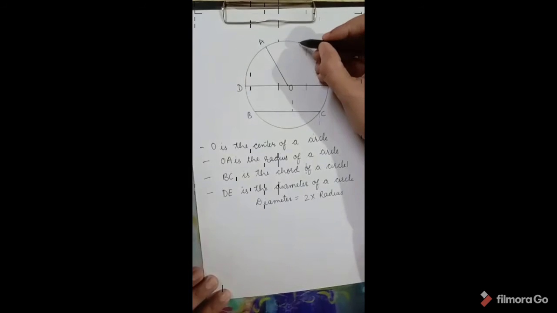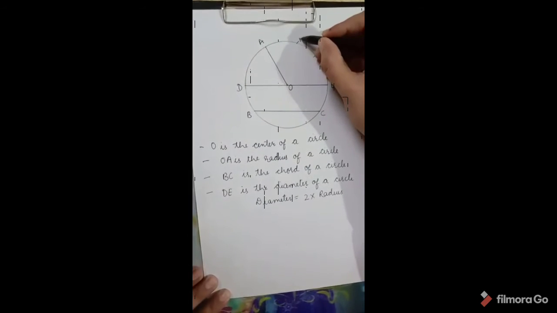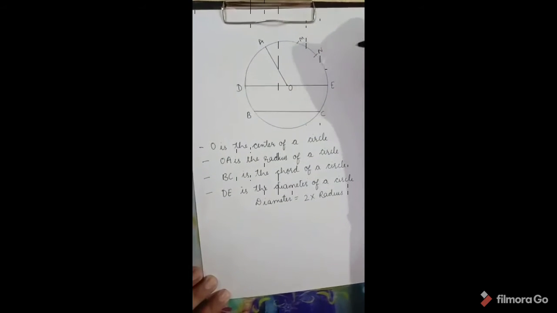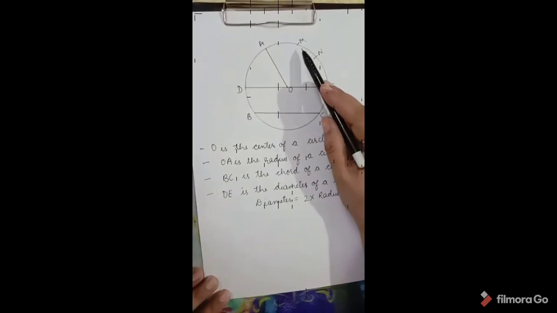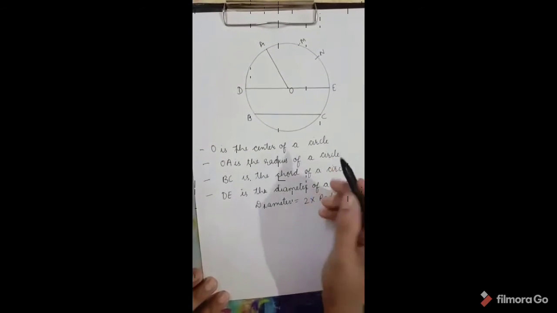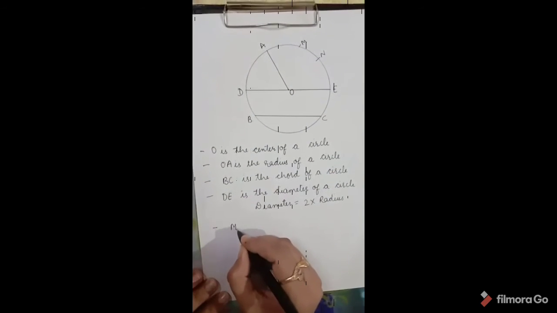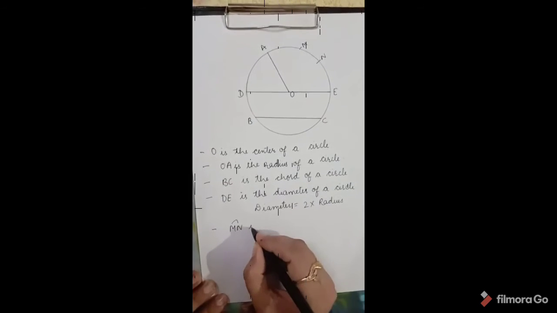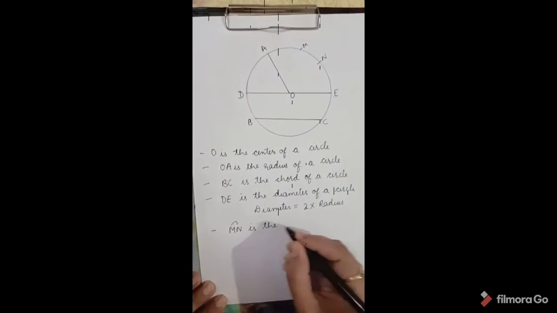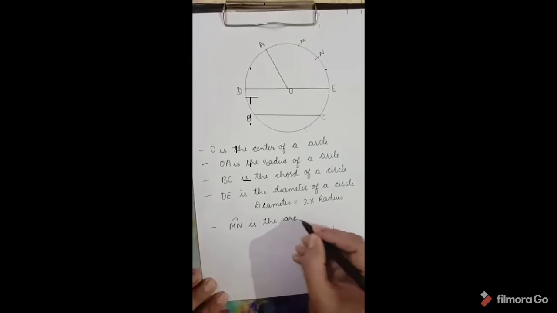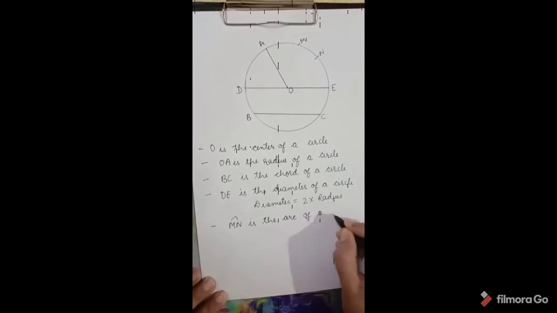Again, I mark two points M and N on the circle. This is called an arc of a circle. MN is the arc of a circle.